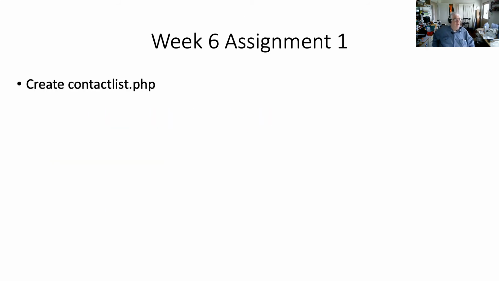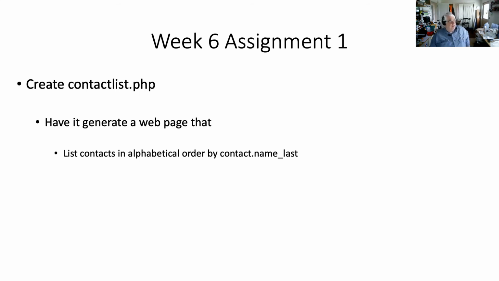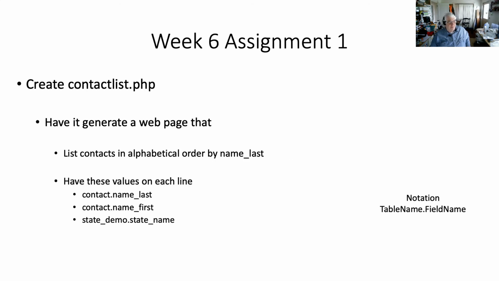Alright, week 6, assignment 1. I want you to create a PHP file called contact list. I want it to generate a web page that lists contacts in alphabetical order by contact name last.